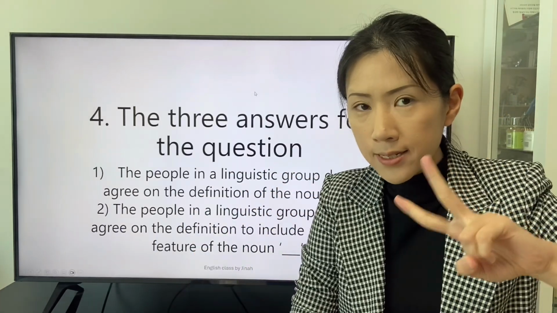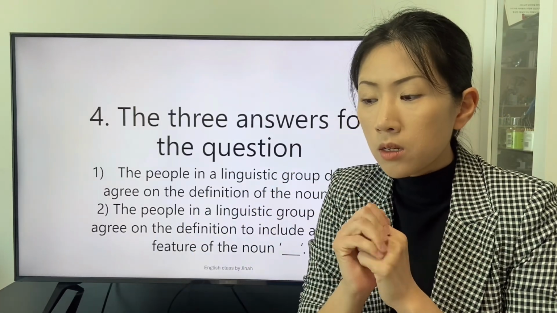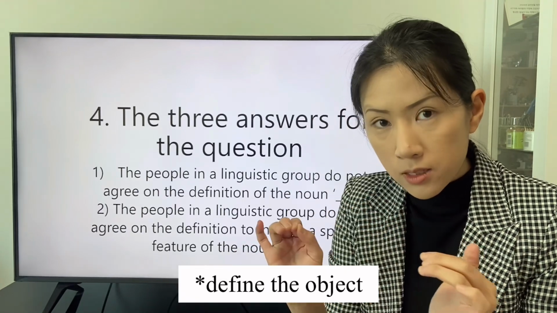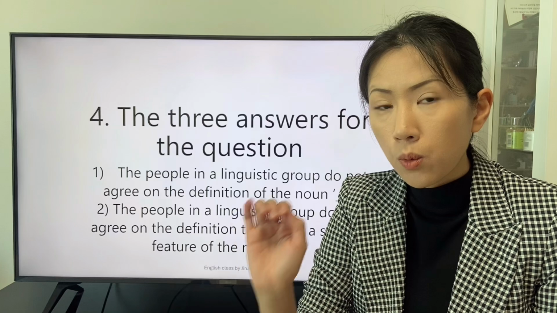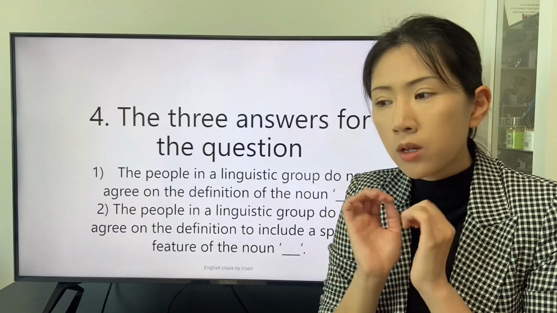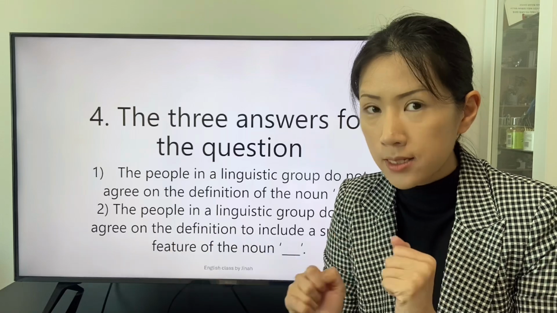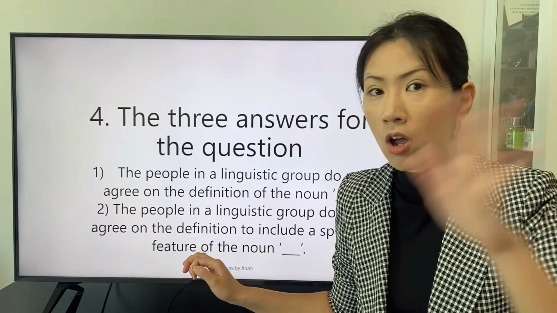The second case is that the people in the linguistic group, the object, with many ways, as the first case does.